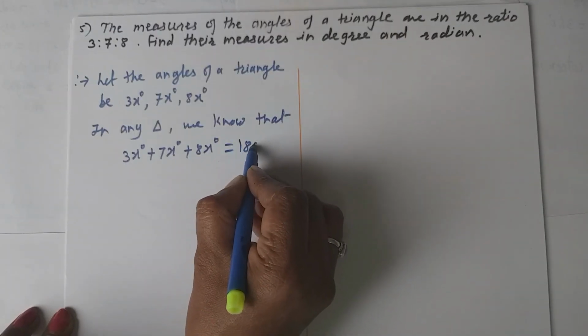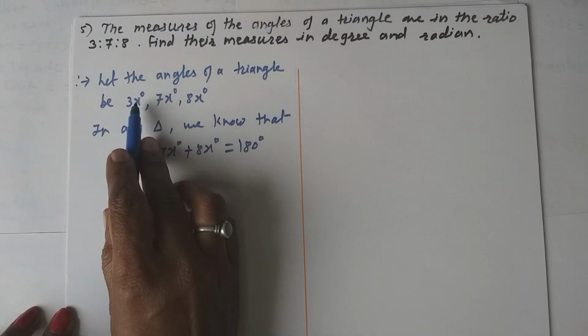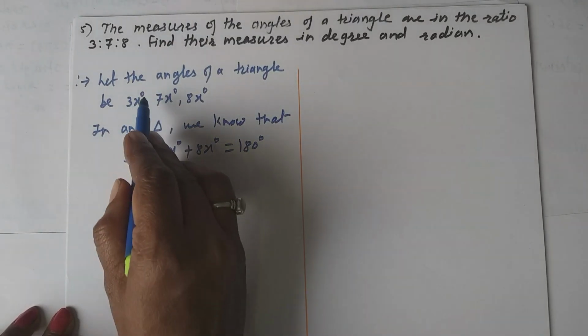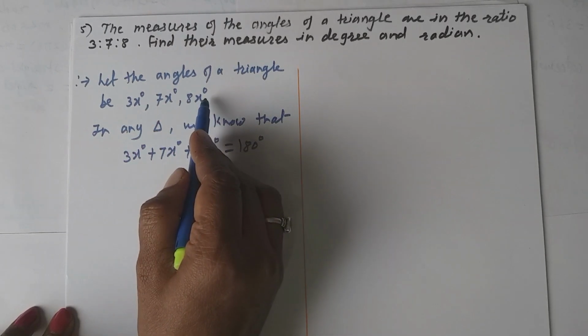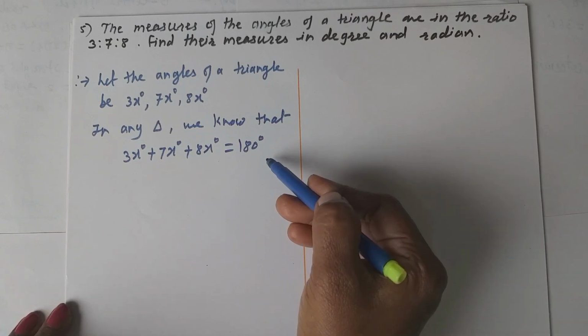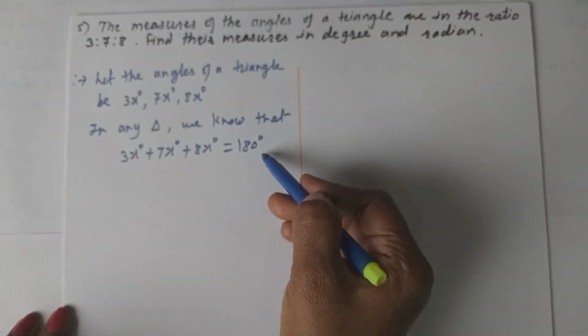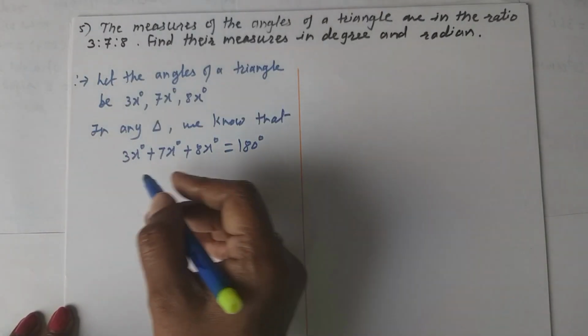Therefore, sum of all these three angles is equal to 180 degree. If we suppose the angles in radians instead of degree, I can write 3x radians, 7x radians, 8x radians, then you have to take pi radians. You remember that if angles are in degree, take 180 degree, and if angles are in radians, write pi radians.